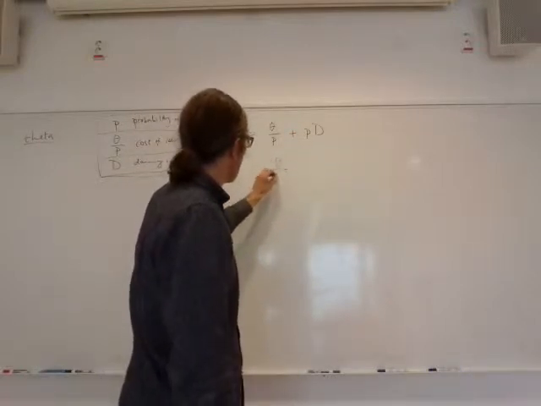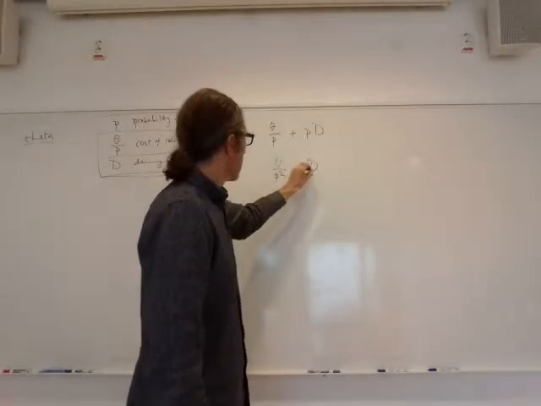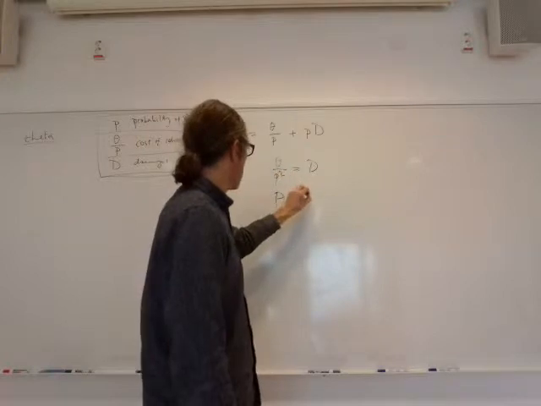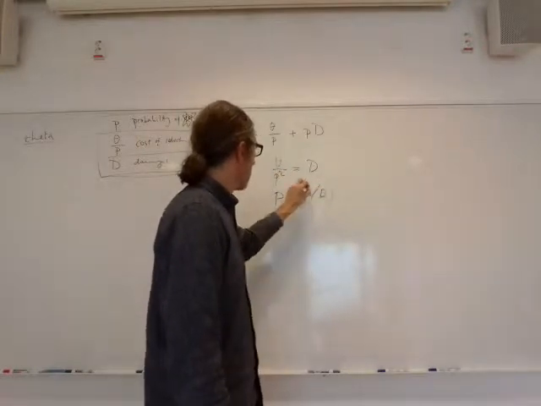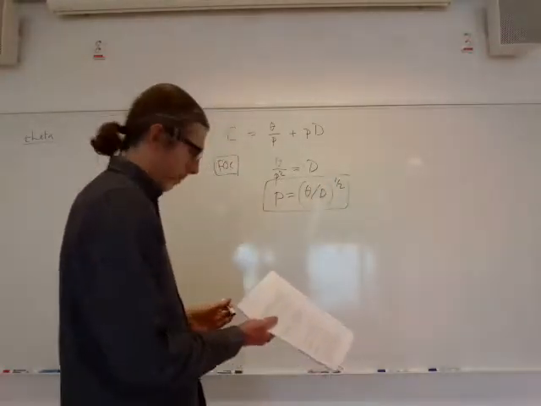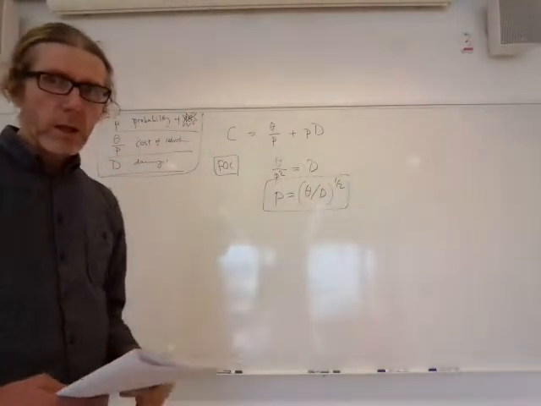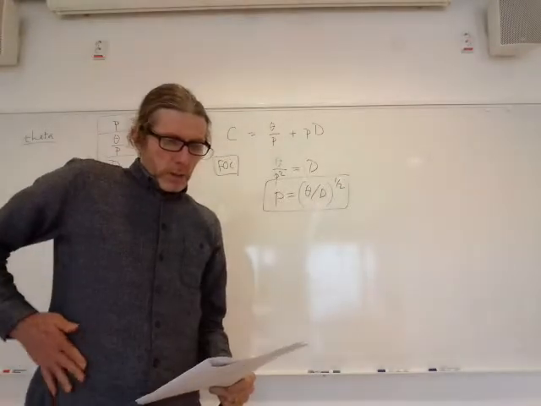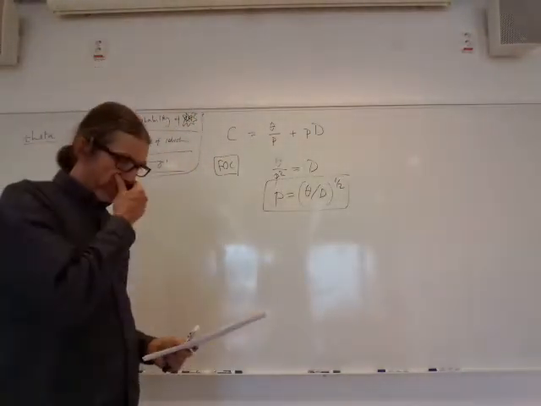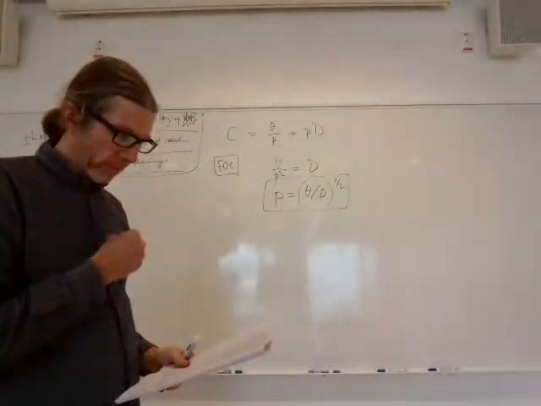So theta over P squared equals D. P equals theta over D to the half. So that's the first best probability of contamination. Theta over D to the half.